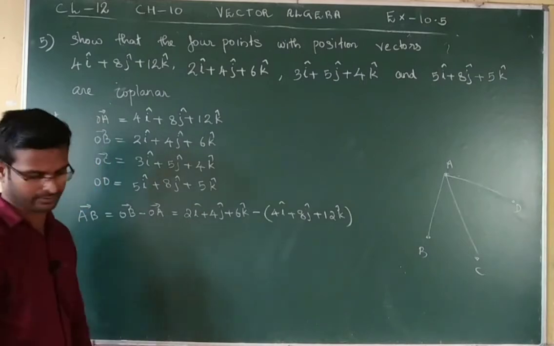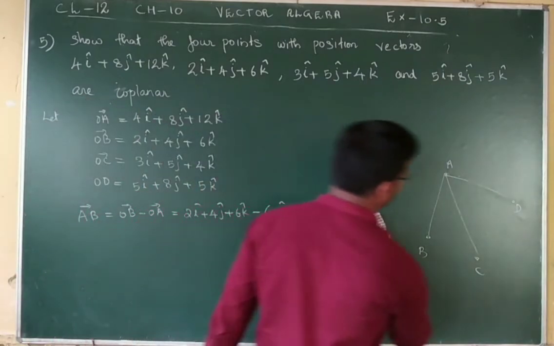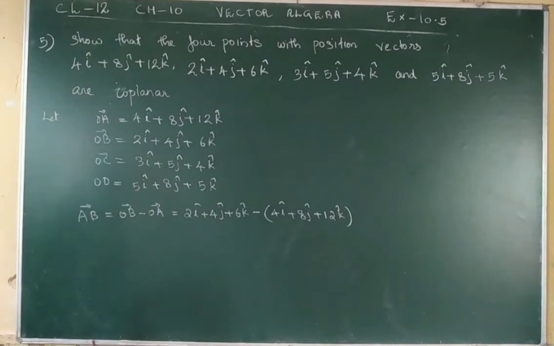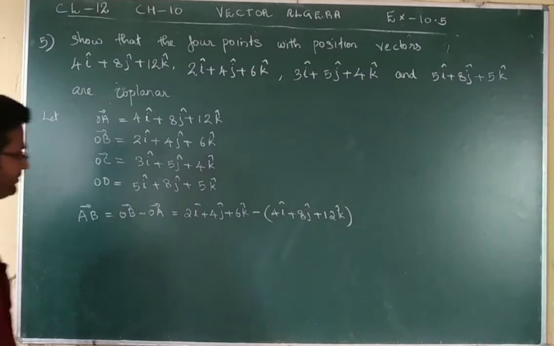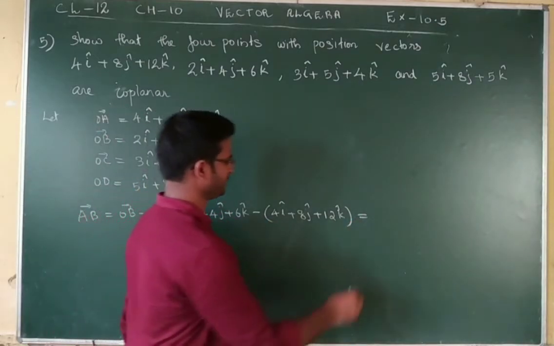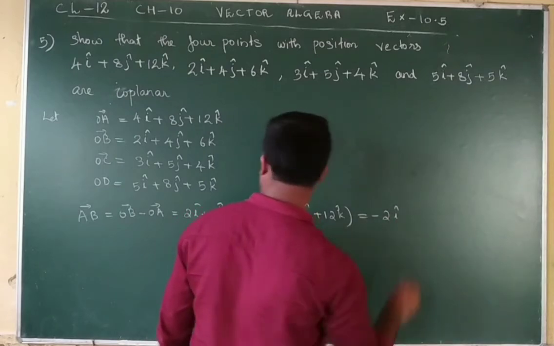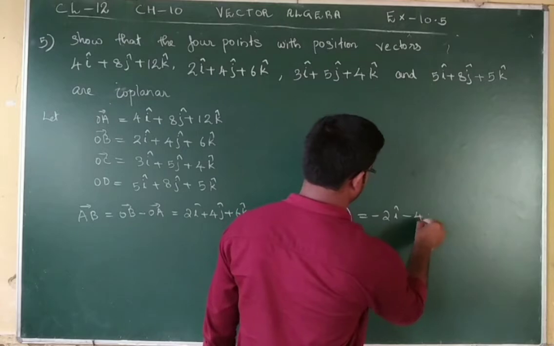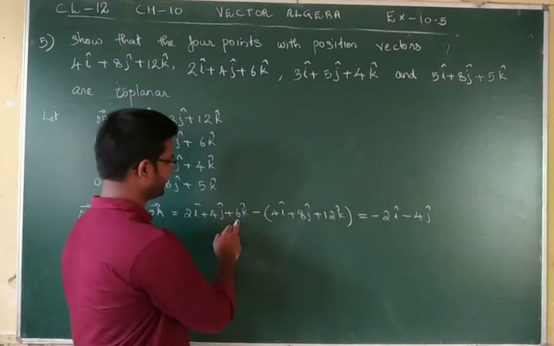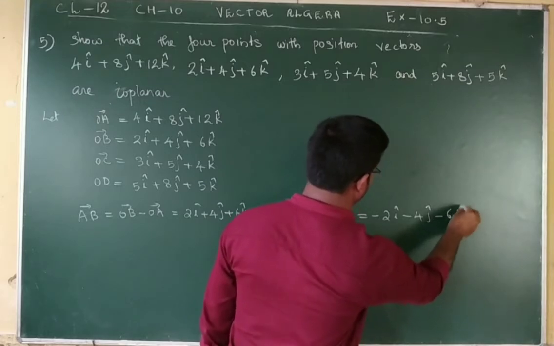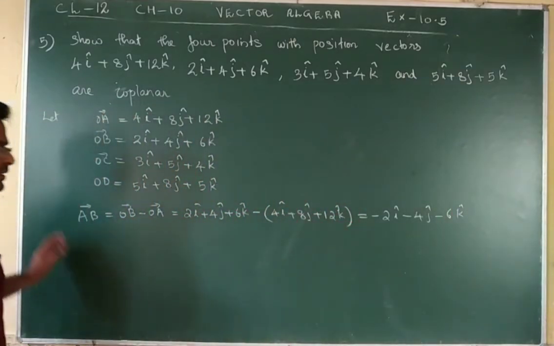We can write 2i minus 4i, minus 2i, 4j minus 8j, minus 4j, 6k minus 12k, minus 6k. This is our AB vector.